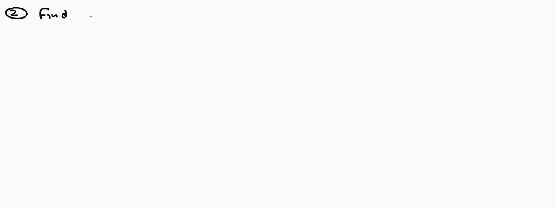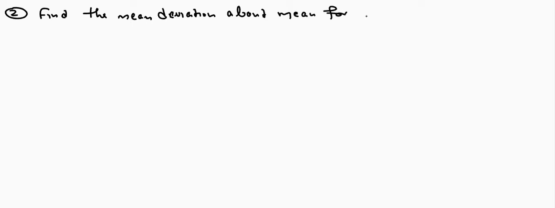Okay. Now question number 2. Find the mean deviation about mean for the data. We are going to find the mean deviation about mean for grouped data, that is xi, fi, which means it is a discrete series.